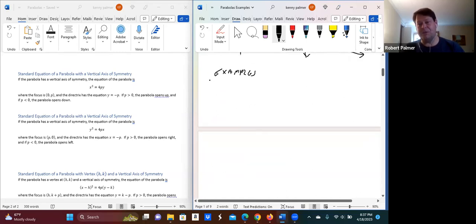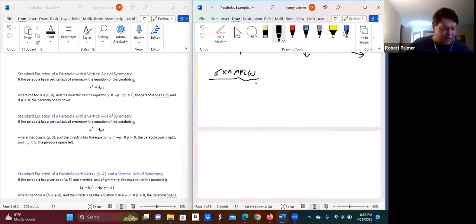All right, let's practice with those. Let's look at some examples. Let's start out with a basic one. Let's say we have x squared is equal to 16y. Now let's classify this one. This one matches right here.